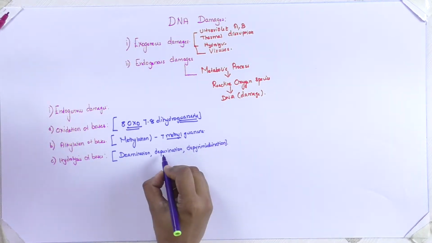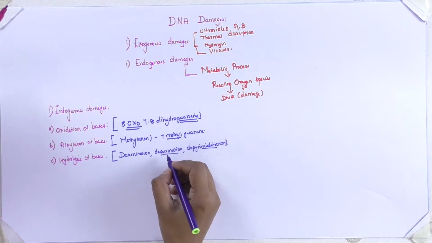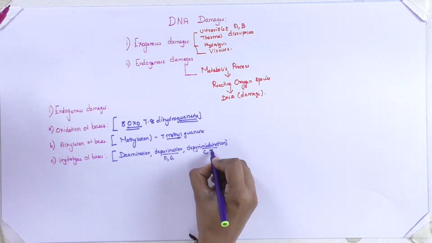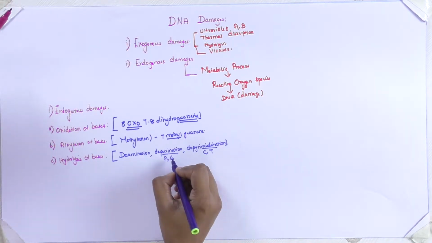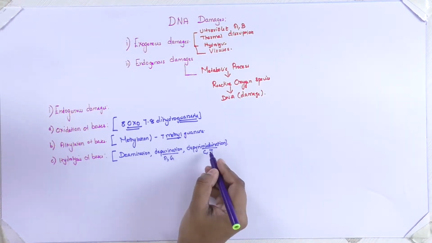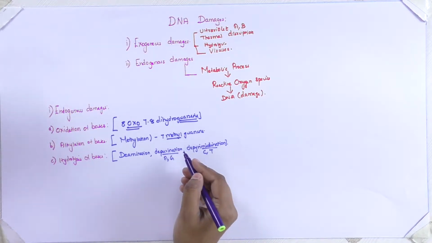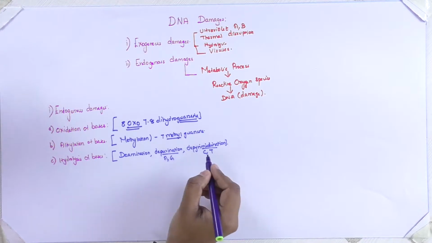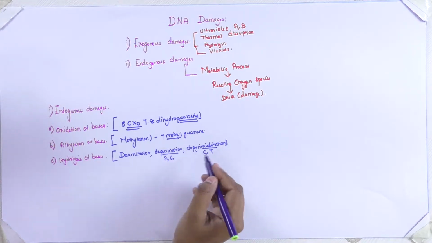You all know what purine and pyrimidine molecules are. Under purine you have adenine and guanine. Under pyrimidine you have cytosine and thymine. So removal of any one of these nucleotides from your bases will lead to depurination or depyrimidination, where the hydrolysis reaction takes place and the bond between A and G, or C and T, is reversed.